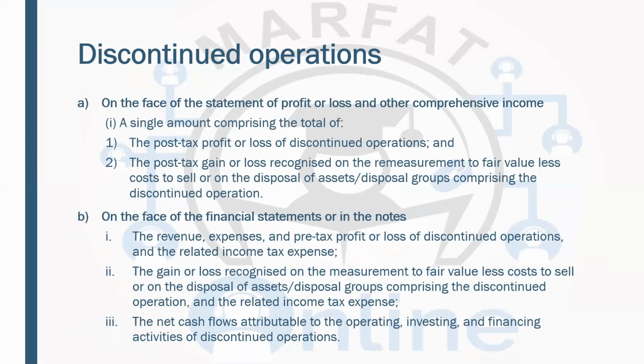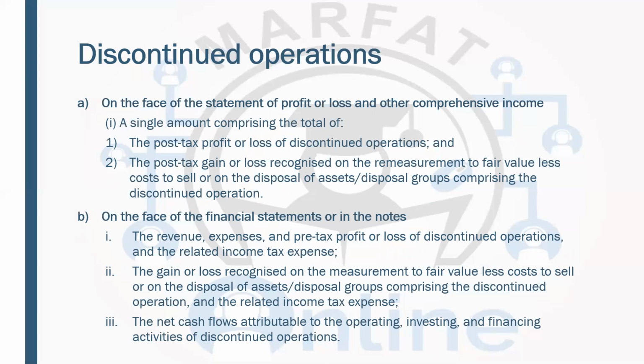So what we are going to disclose on the face of the statement of profit or loss and other comprehensive income is a single amount comprising the post-tax profit from discontinued operations. That means you are going to divide the profit into two things: profit from continued operations and profit from discontinued operations, so that the shareholders can understand regarding the discontinued assets.